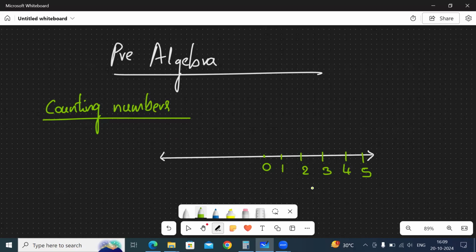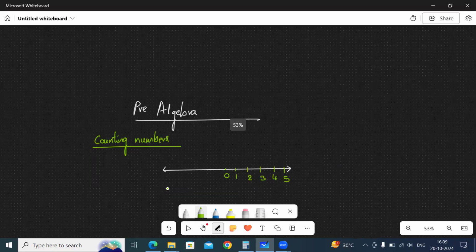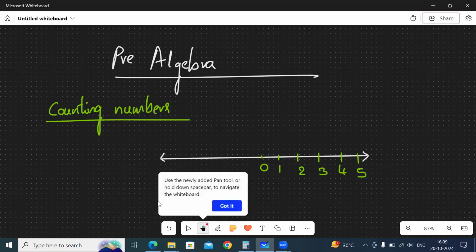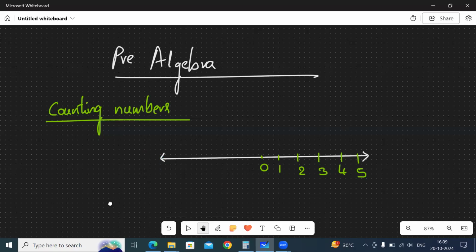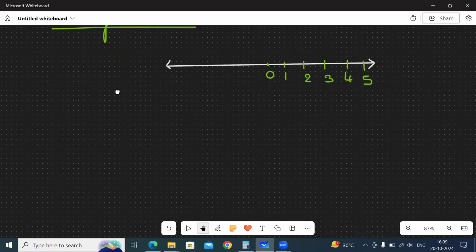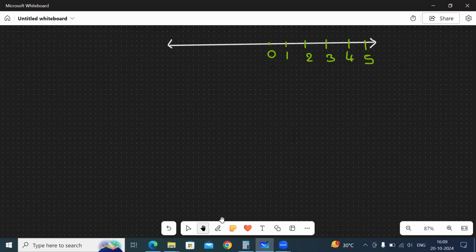That is 0, 1, 2, 3, 4. Just focus there itself.